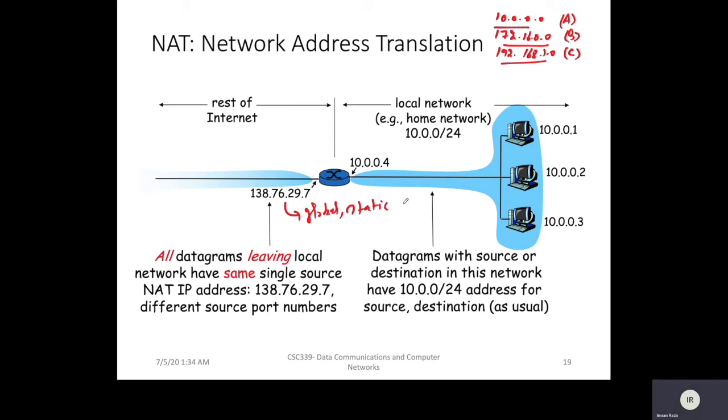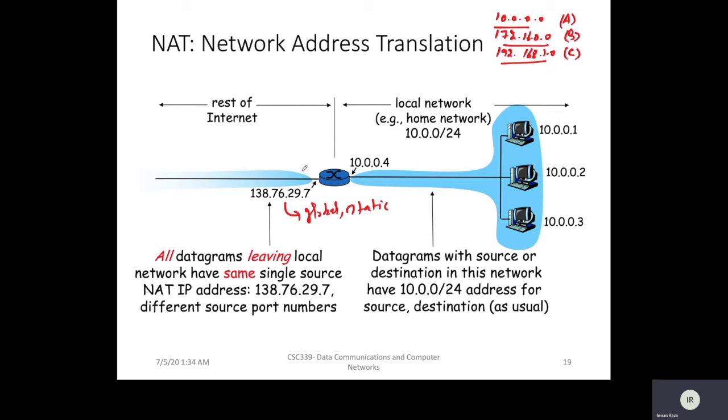And this number here I'm sharing with all of my local network machines using private series. Okay, and the local to global address binding is done connection by connection.